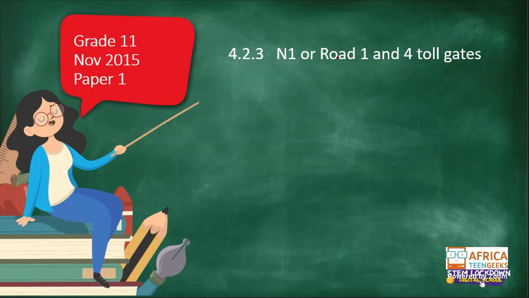So I was expecting 2 answers for this one, right? So I'm giving Dimpo 1 mark out of 2, and Priyanka, I'm giving her 1 mark out of 2. Because Priyanka said it's a national road, but not tell me what national road it is. It's supposed to be National Road 1 or Road 1 or N1. Okay.